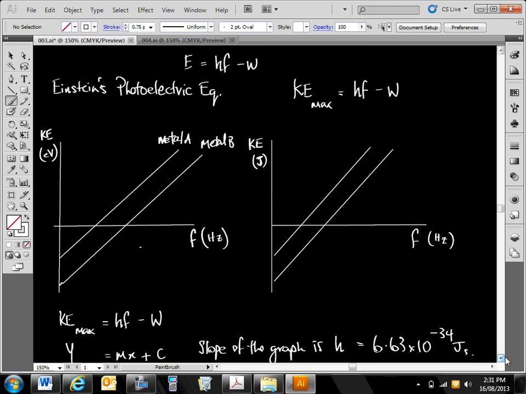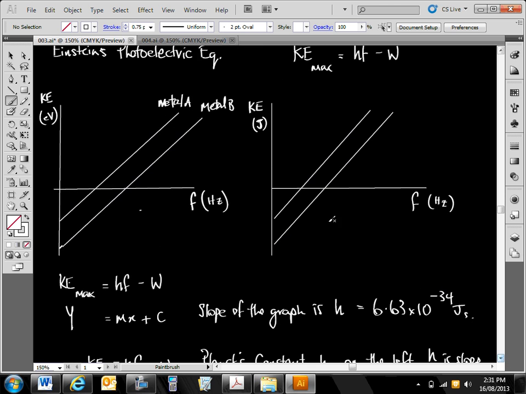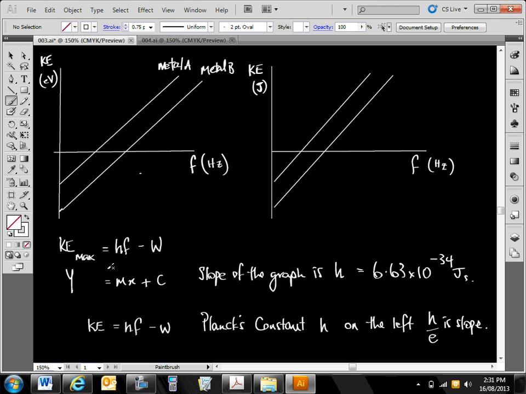We talked yesterday about being able to draw these graphs. The graphs always look the same in either eV or joules. It's fine. Frequency is always measured in hertz. Notice that this formula here, just a reminder, has the same format as y equals mx plus c, m being h, of course.